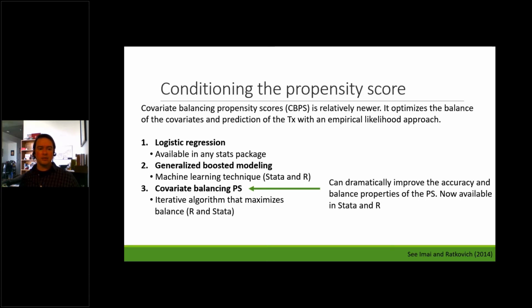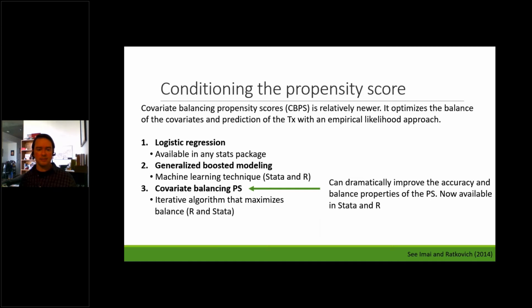The last here is the covariate balance propensity score, which is used to exploit the dual characteristic of the propensity score as a covariate balancing score and the conditional probability of the treatment assignment. The estimation of the CBPS is done with a generalized method of moments or empirical likelihood framework.